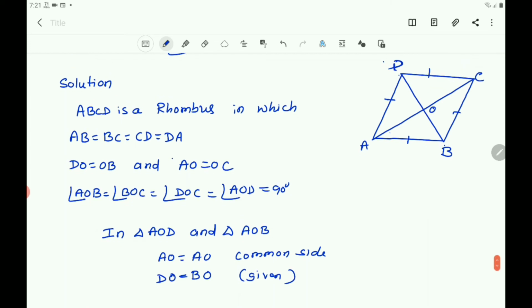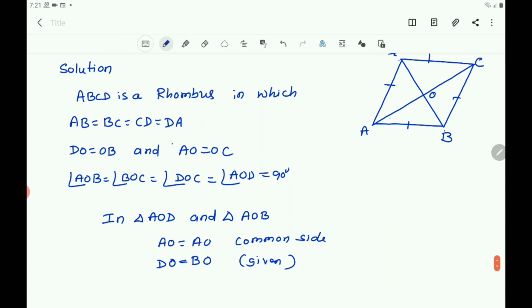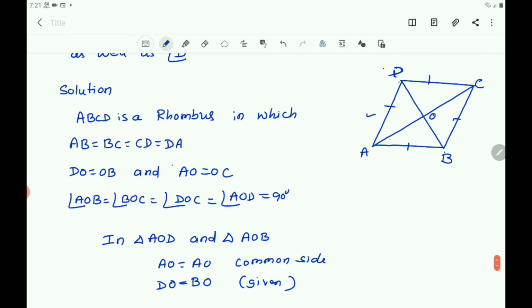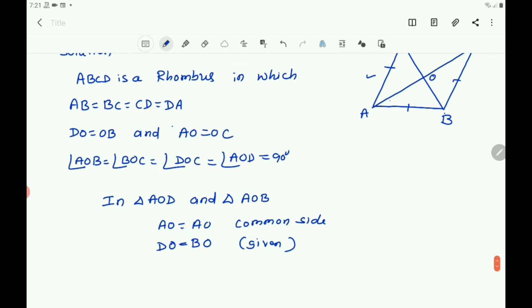Also the angles at O are right angles, so you can write angle AOD. Also you can take that all the sides are equal. So you write AD equals AB, that is also given.